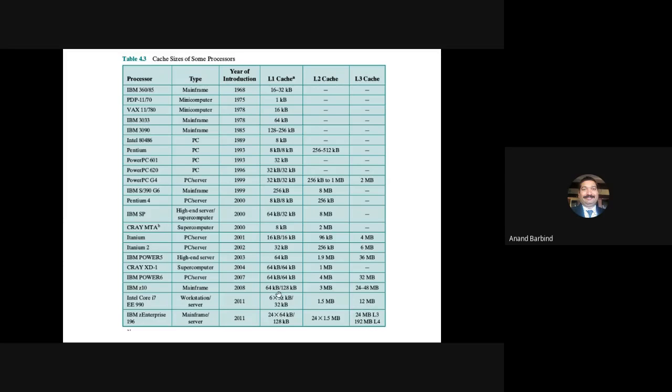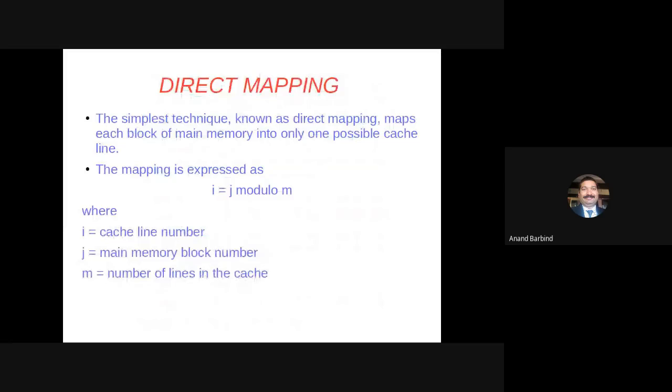But nowadays you'll find that it is in gigabytes. So various processors have been shown here that are using the cache memory. It is very common that the processors use the cache memory.